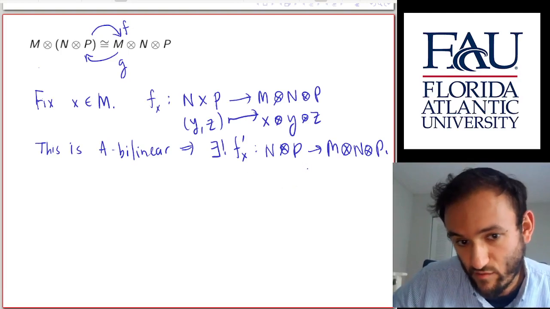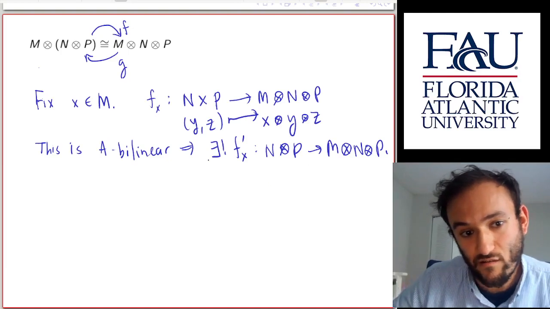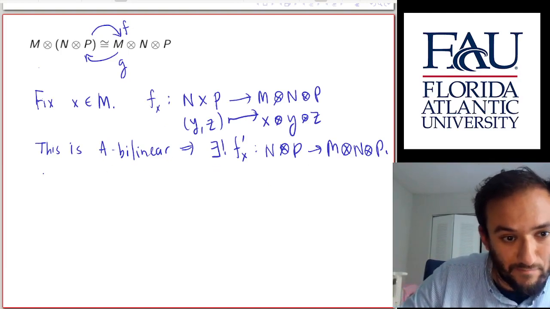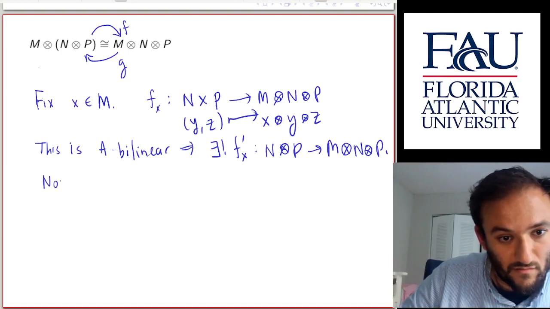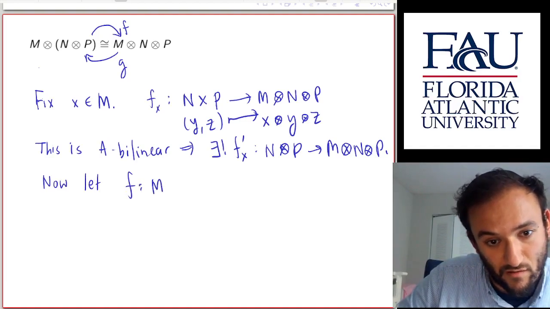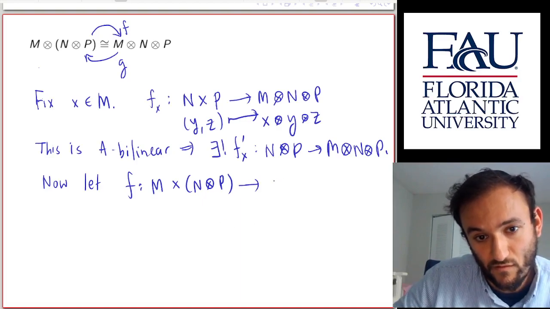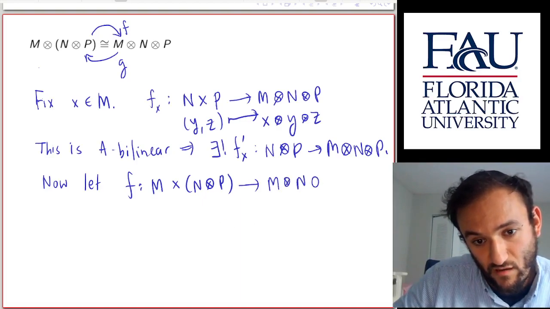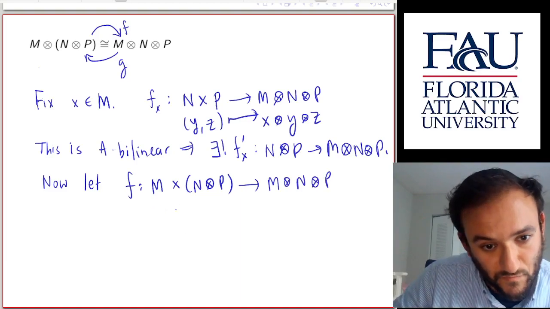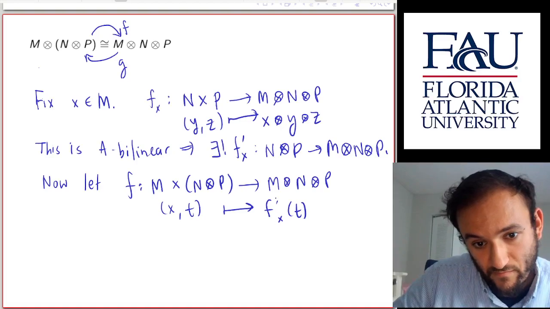So now we have a map from the tensor product for each element in M. But now we can consider mapping. So let's map f from M cross N tensor P to M tensor N tensor P by taking, for a fixed x and a fixed t, we'll just map that to f x prime of t, right?